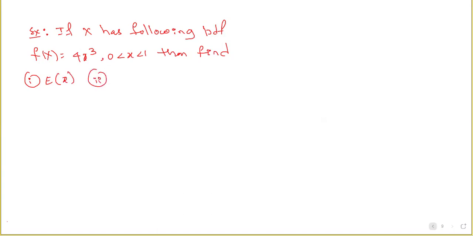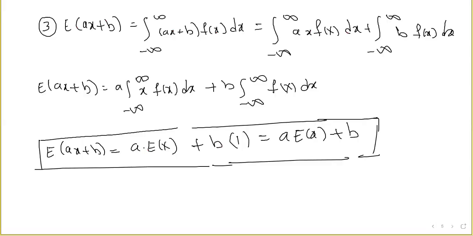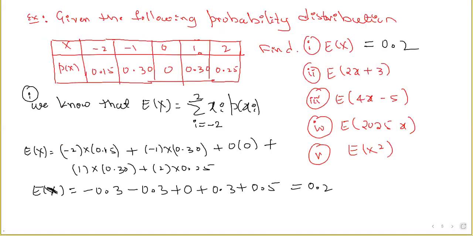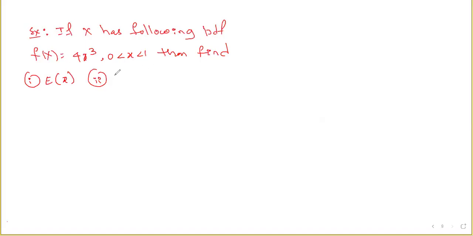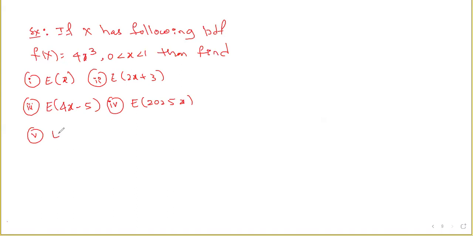Second, expected value of 2x plus 3. Third, expected value of 4x minus 5. Fourth, expected value of 2025 into x. Fifth, expected value of x square. We already know the concept of expectation for the continuous case.